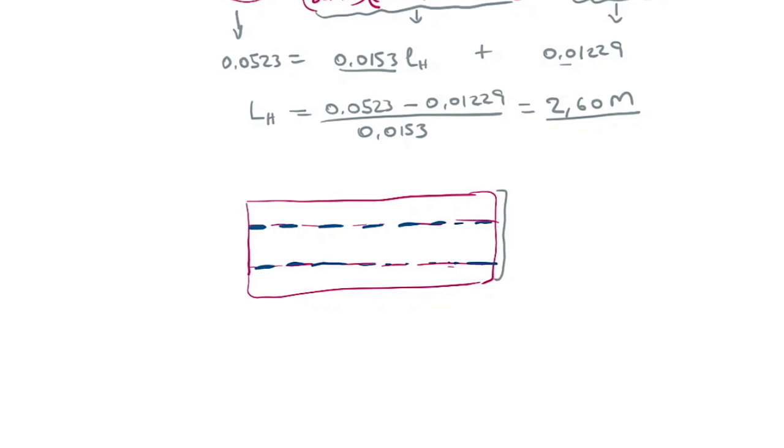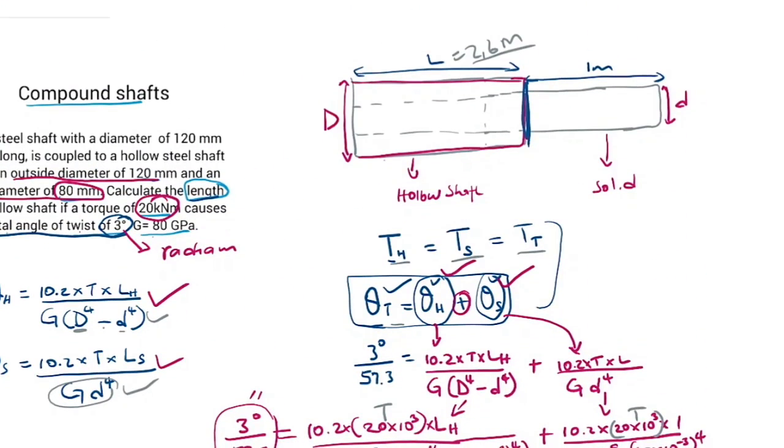This bigger one is the external diameter. And this one inside is the internal diameter. This is a parallel compound shaft. This is a series combination compound shaft.